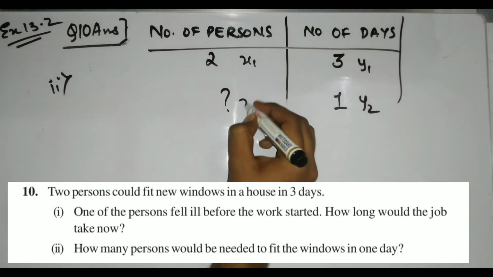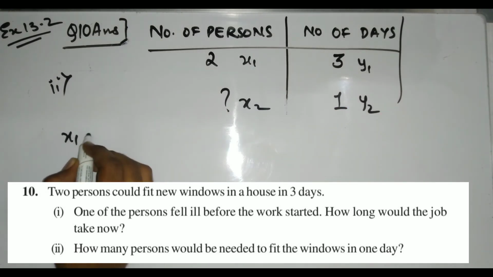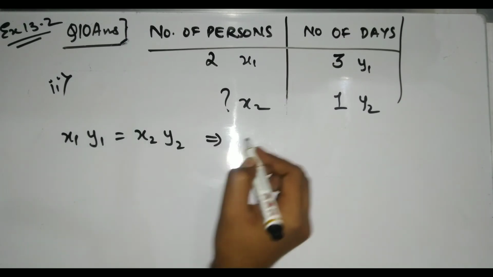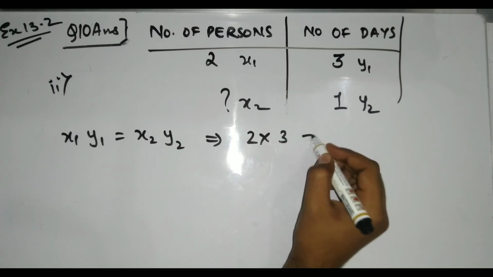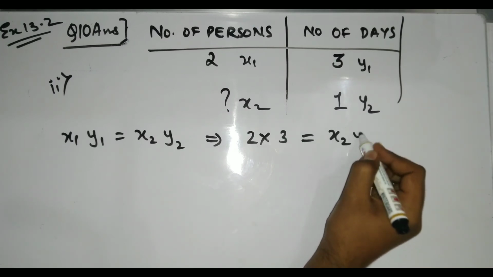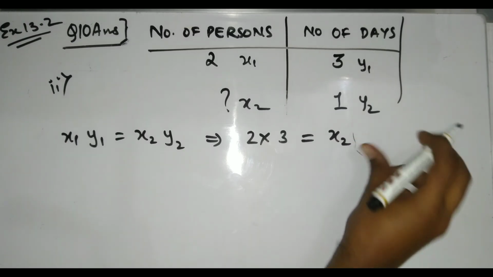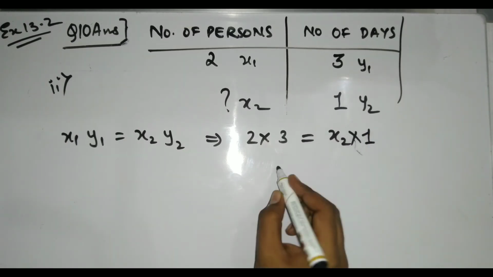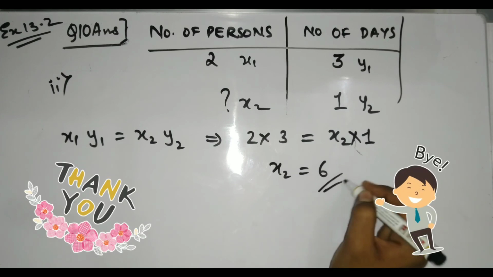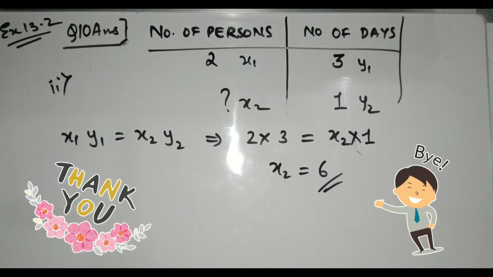Here y2 is 1, and we need to find the x2 value. So 2 into 3 is equal to x2 into 1. So x2 is equal to 6. Again the same thing. So 6 people.